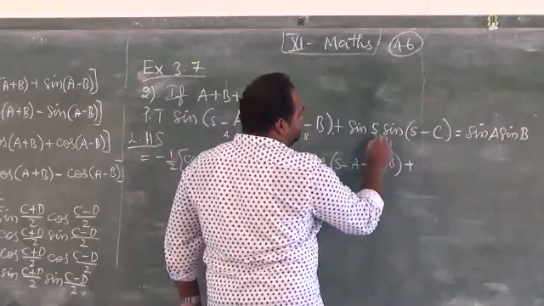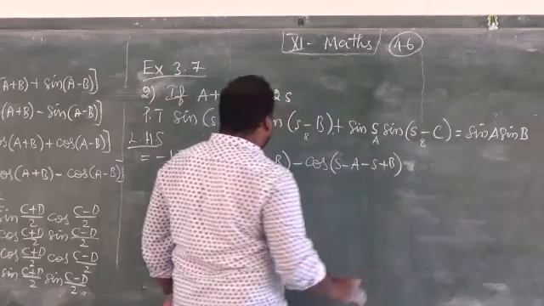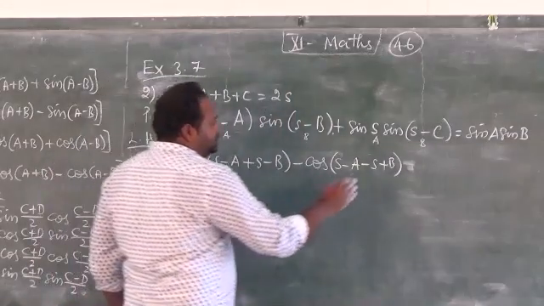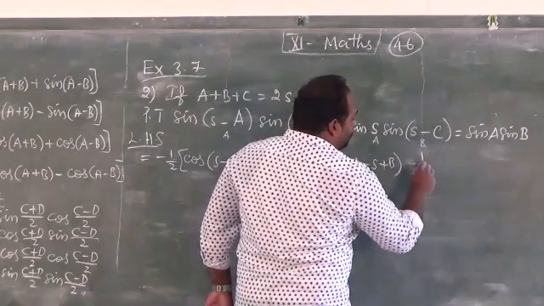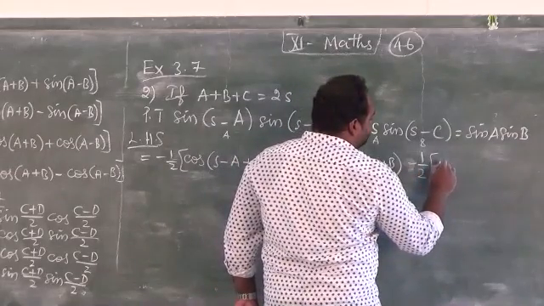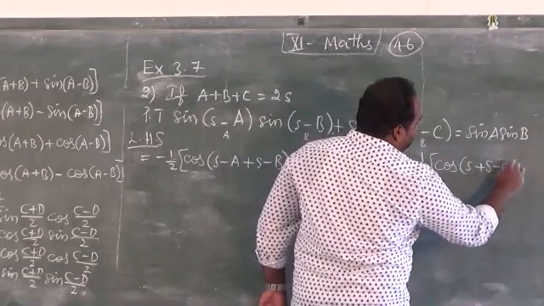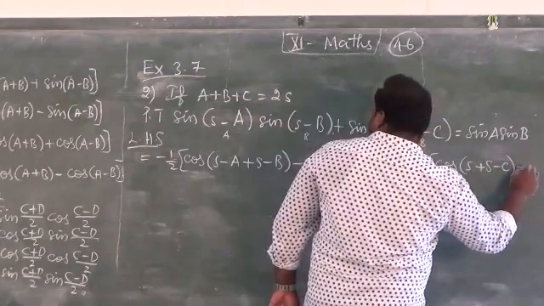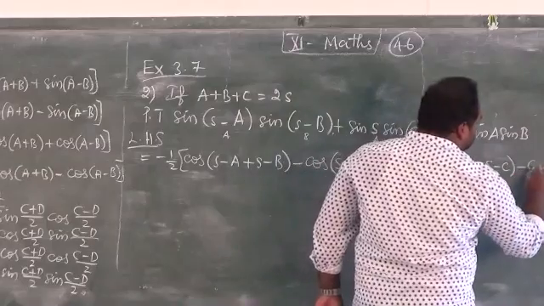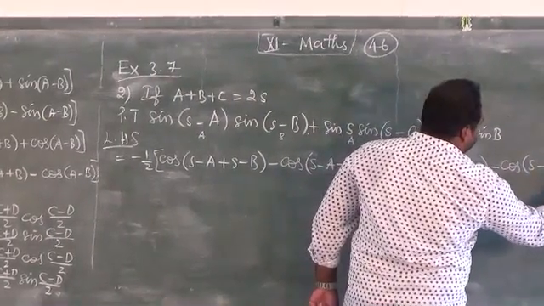Here also it is the sin A sin B formula, the same formula. Here we have minus 1 by 2 into [cos(A + B), that is cos of s + (s − c), minus cos(A − B), that is cos of s − (s − c)].